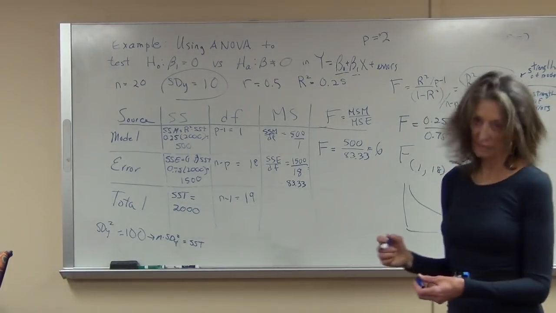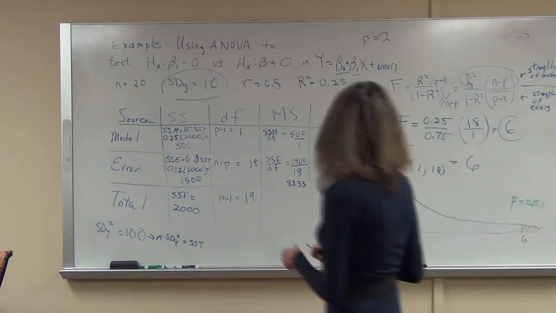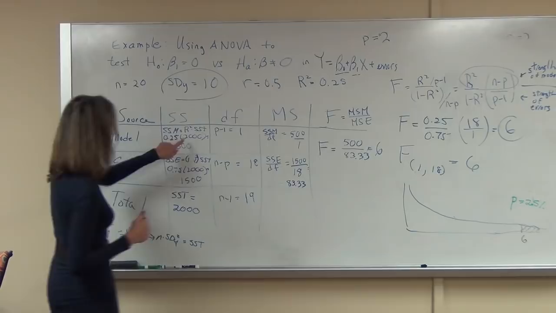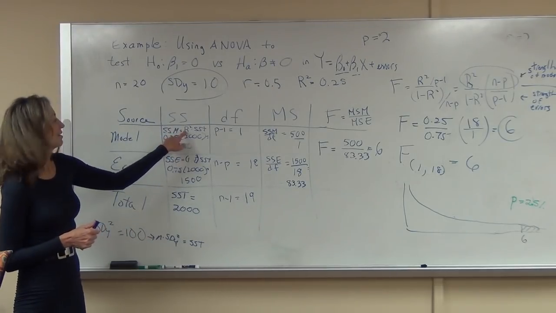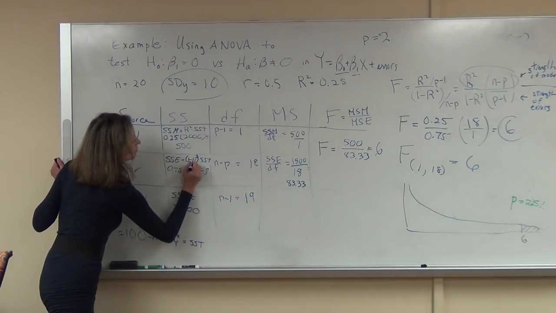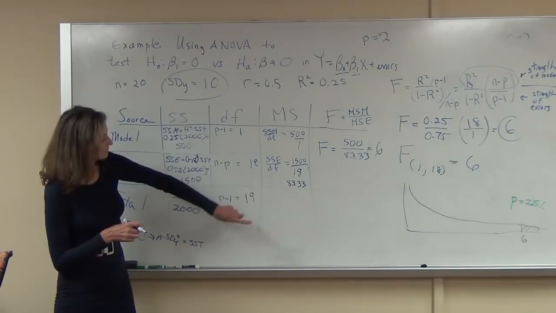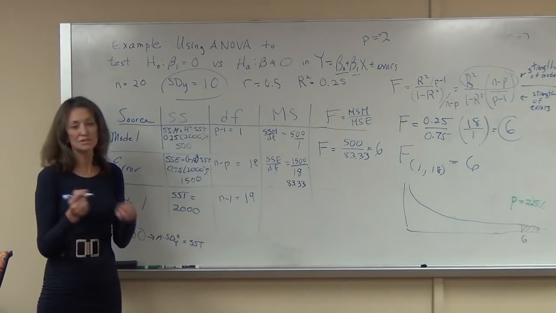So we get the same answer there. And it's obvious to see from algebra why we got it, because we have SSR over SST divided by 1 minus R squared over SST divided by the degrees of freedom. So that's all we're really doing.